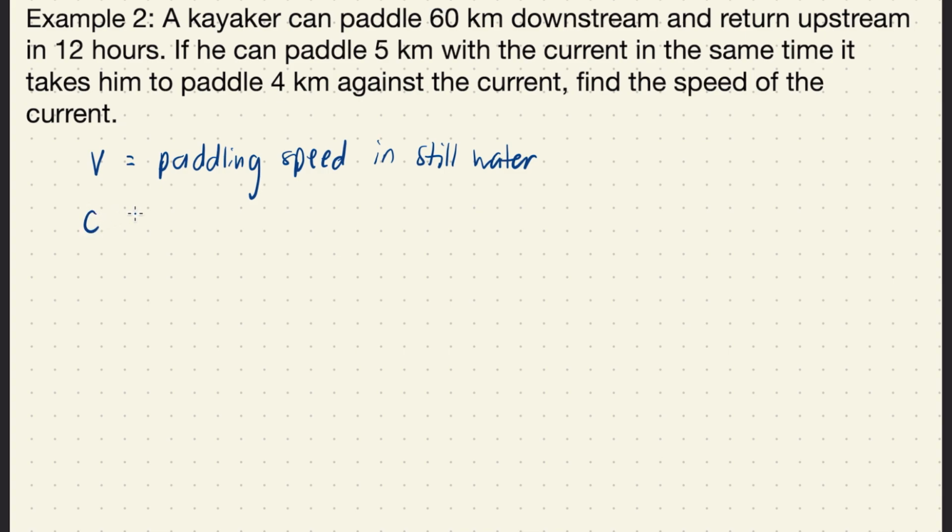Then we have C as the speed of the current. Let's say both in kilometers per hour because it's in kilometers and hours.